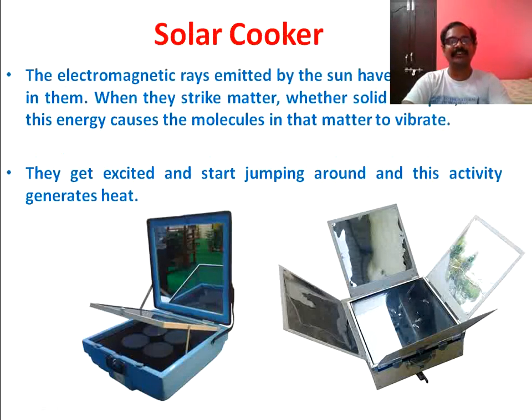The fourth application is the solar cooker. How does this solar cooker work? This solar cooker consists of a rectangular wooden box which is coated with black material inside.